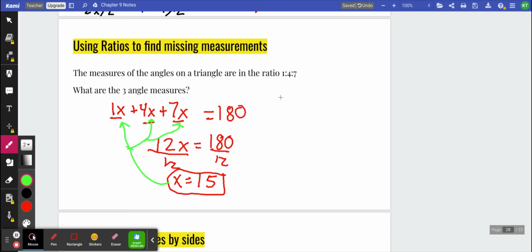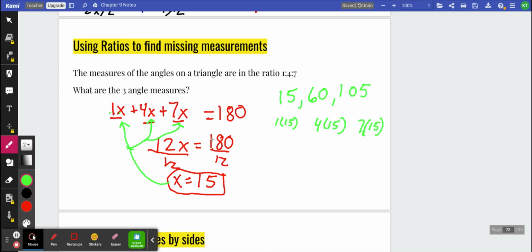for x. So one of my angles is going to be 15 because 1 times 15 is 15. And then my other angle, right, I'll just write that here so we know where that came from, would be 4 times 15, right, which would be 60. And then my last one would be 7 times 15, which would be 105.